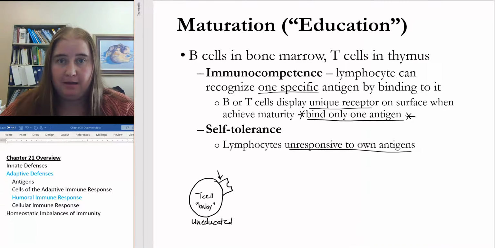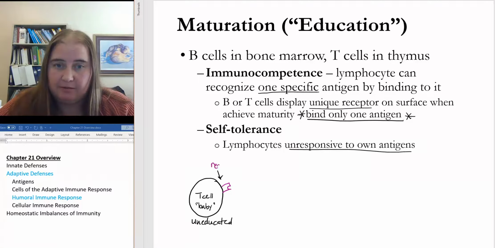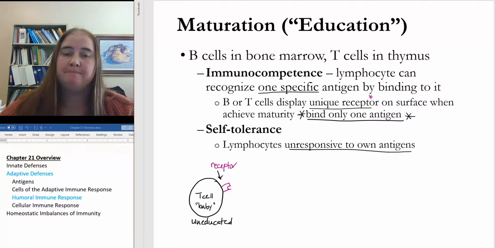Let's make this a different color. These are going to have markers on them. Now, this is a receptor. We just said up here they have unique receptors on them.